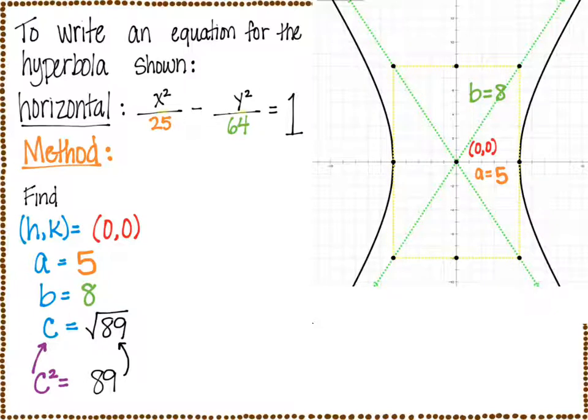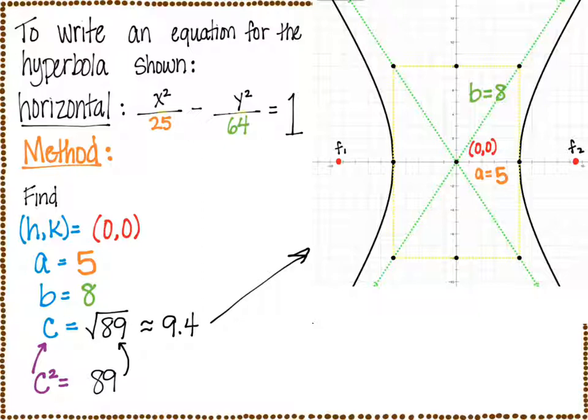Since we're going to graph it, we need to have the approximate. So the square root of 89 is approximately 9.4. And so in my graph, from the center, I'm going to go 9.4 units to the left and 9.4 units to the right. And when I do that, I will have the two foci in this hyperbola.